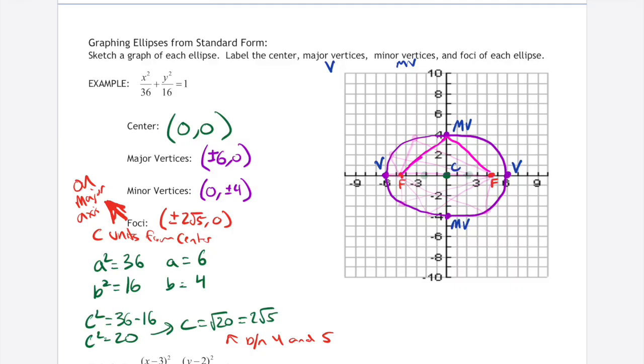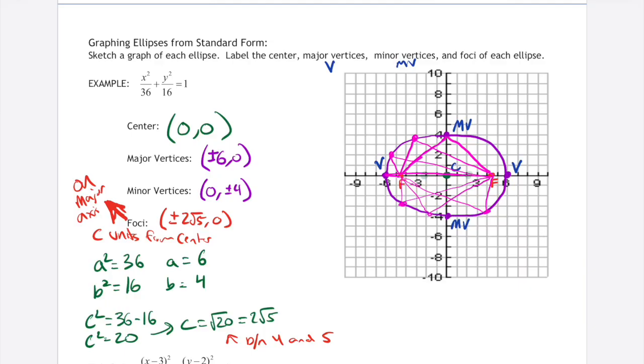Whatever they add up to, whatever that total distance is, that will be the same no matter where I draw the point. That total sum will be the same every time. And that is what makes an ellipse an ellipse. So that's the fancy definition of it.